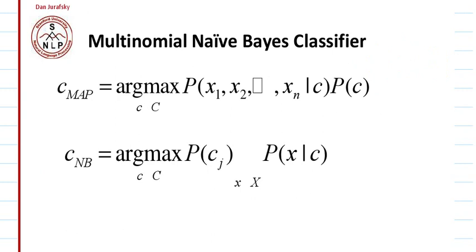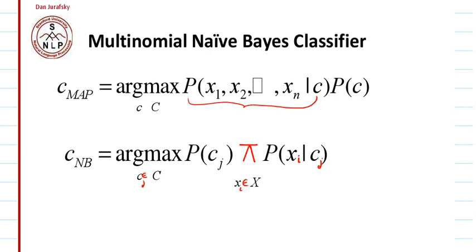So now here we just replace this setting by again p of Cj, that is we have this p of Cj and product of all the probabilities of xi given Cj, where Cj belongs to C and xi belongs to capital X, that is the set of features.